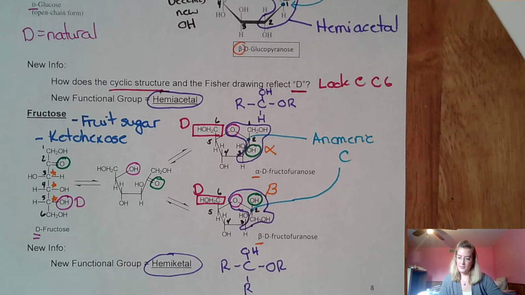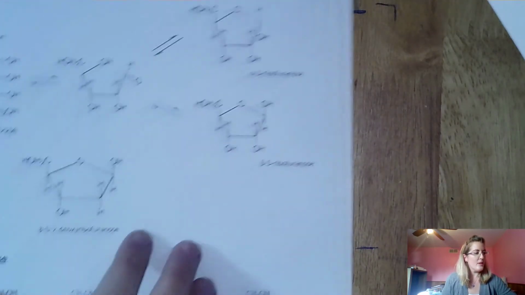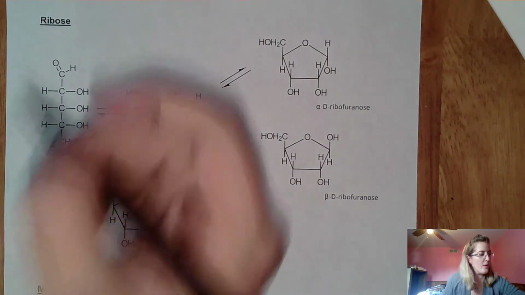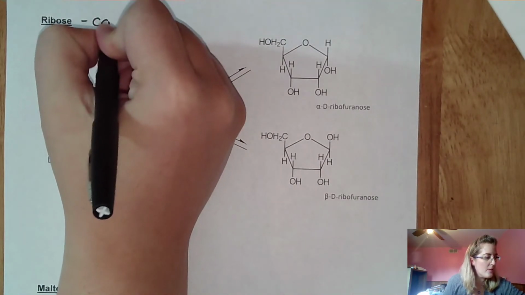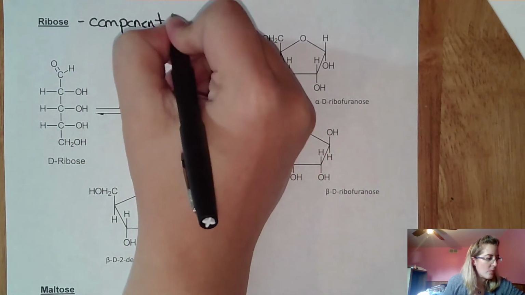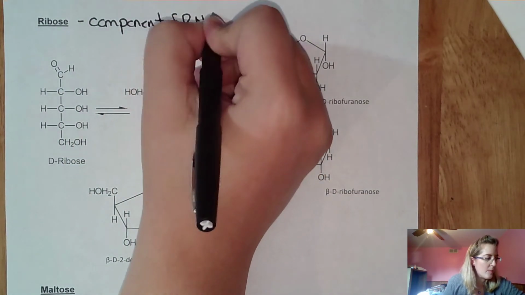All right. I told you that I'd go faster, but lots of little stuff to look at. Let's do it again. Other important sugars. Ribose, he's important. Ribose is a component of RNA. So that's why we want to point him out, because we're going to keep seeing him again.